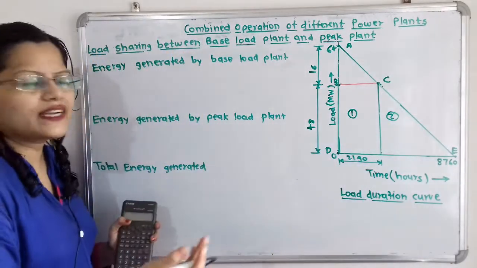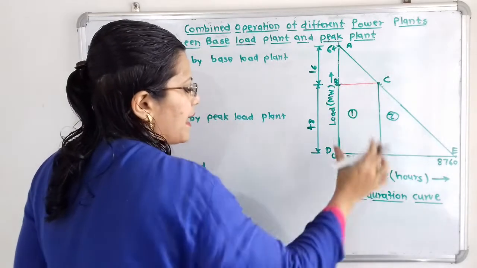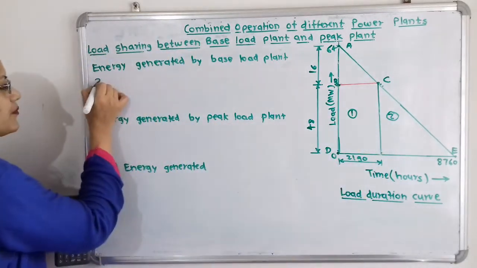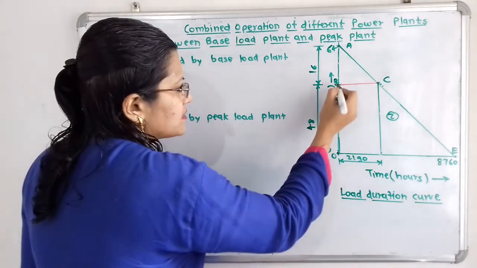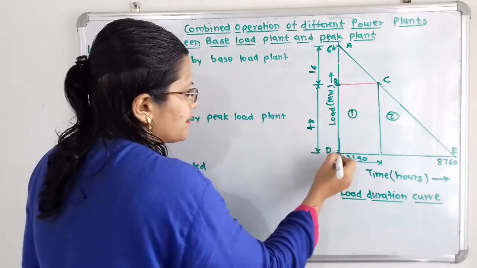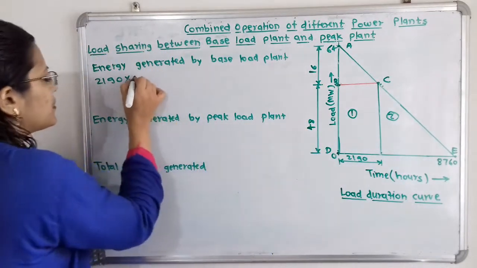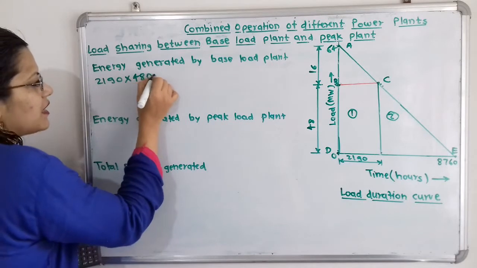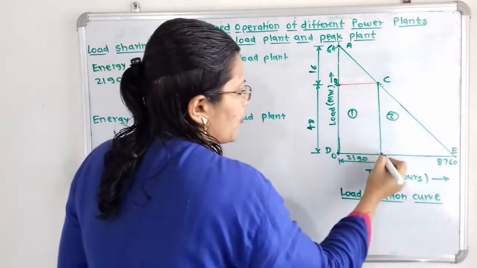So how to calculate the area of this rectangle? Base multiplied by height, that is 2190 multiplied by height. This height is nothing but B to D, so this height is 48,000 kilowatt. So we will multiply here with 48,000 kilowatt. Plus, now the second is for the triangle.